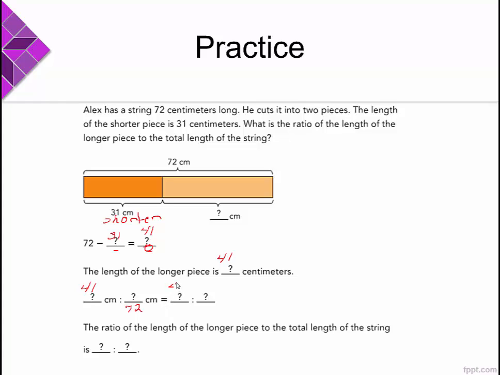So we have 41 to 72. And the reason I don't have to write the units when I write the ratio is because they're both the same unit. The ratio of the length of the longer piece to the length of the string is 41 to 72.